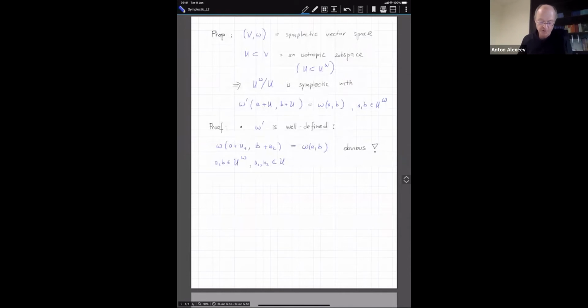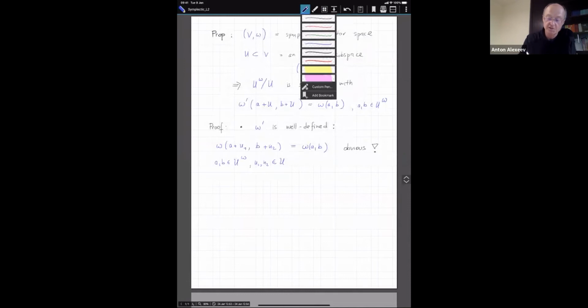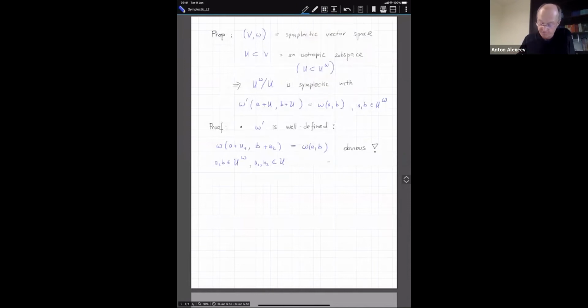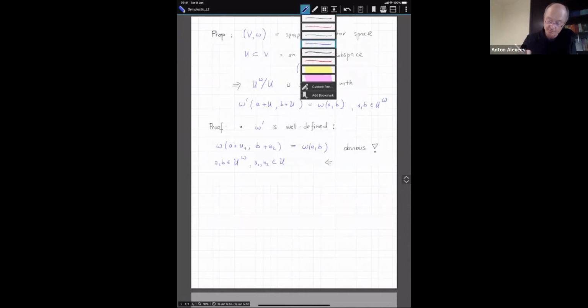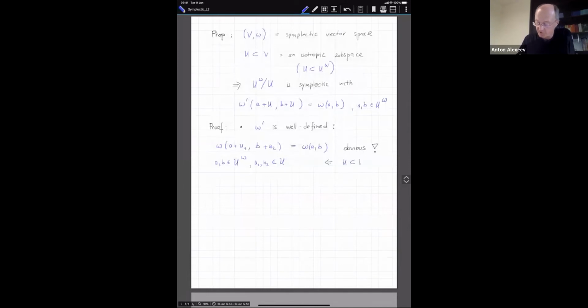Because all the pairings with the exception of omega of A, B are manifestly 0, and the pairing omega of U1, U2 is 0 because U is contained in U omega.